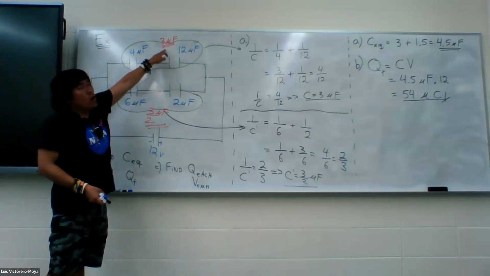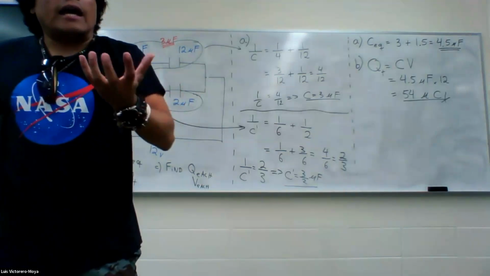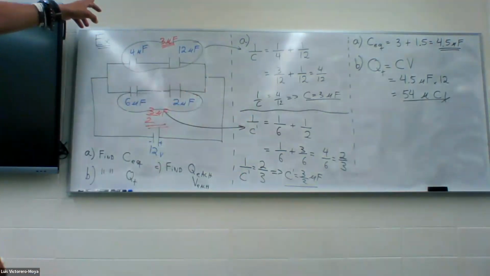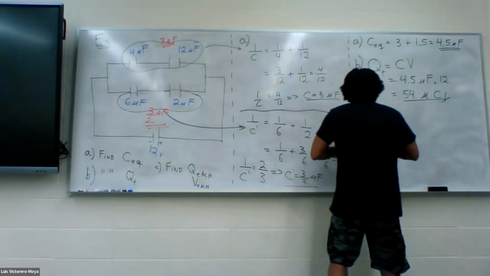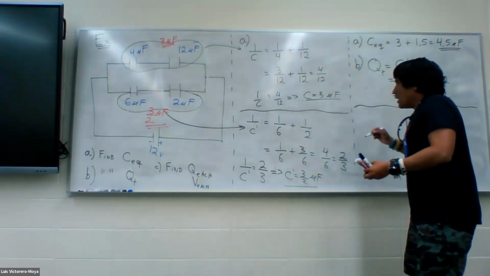So if I have the voltage on 3 and the capacitance, which is 3, I can find the charge on 3. And if I find the charge on 3, I know the charge on 12 and the charge on 4. The charge on 12 and the charge on 4 is the same as 3. So I might have to write this in here so you have this to study or review.